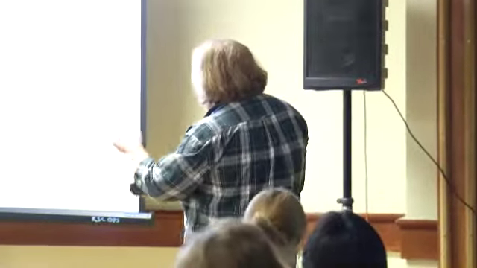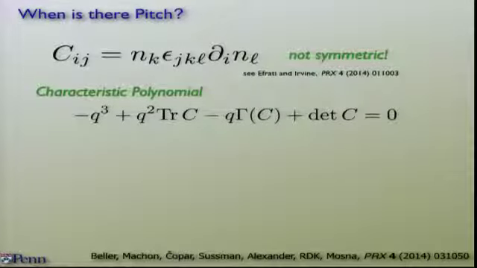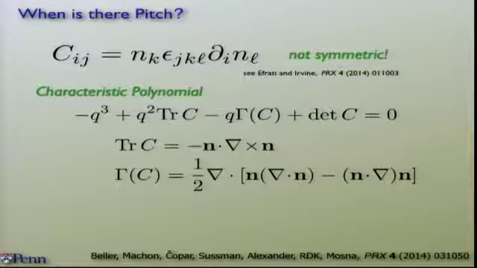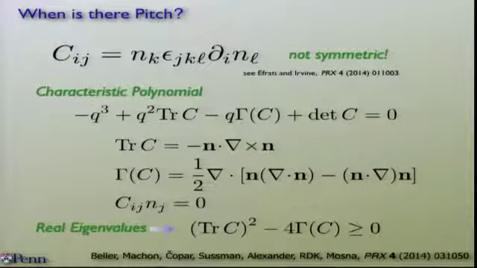So where were we? So you can find a pitch axis. You have some complicated problem to solve, but you can find it. And when this is positive, you can find a pitch axis and you have a pitch eigenvalue, and that's great. And we've checked that most of the time this inequality is true when you give me an arbitrary texture. But I'll show you where it breaks down.